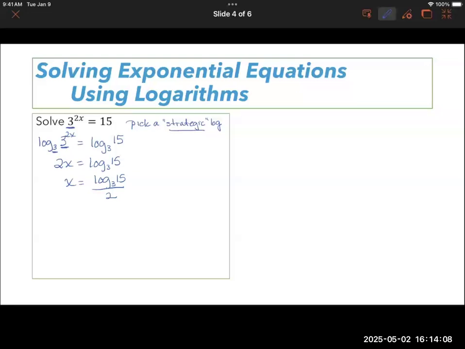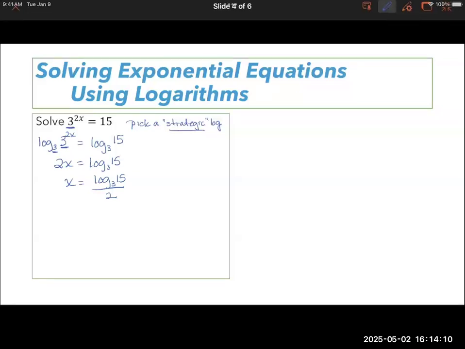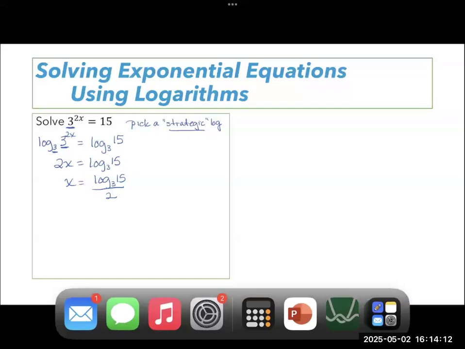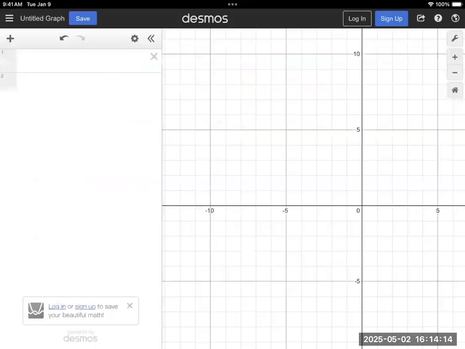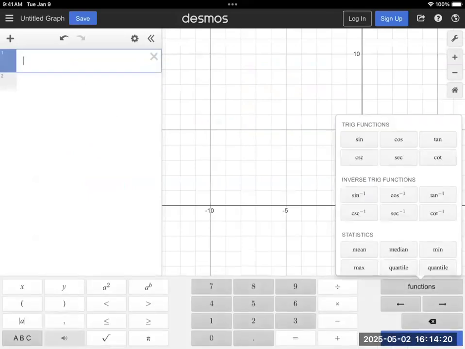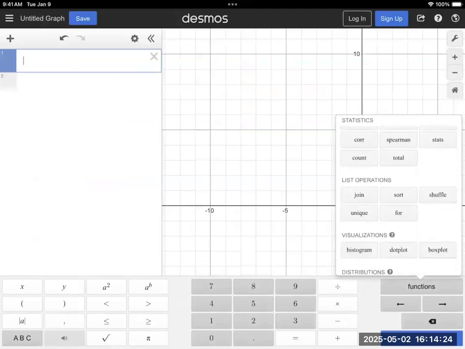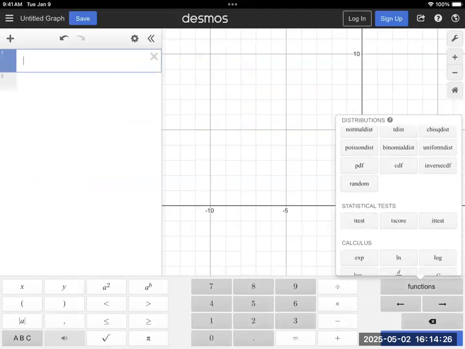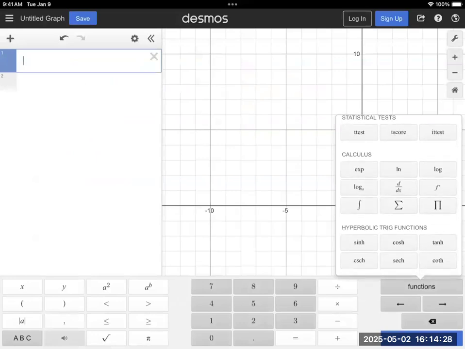Okay, so if you have a calculator that will allow you to do that, or if you're using Desmos, you can go onto Desmos, you can go to the functions, and you're going to scroll to the calculus set right there, and you see you've got a log with a tiny little a there.